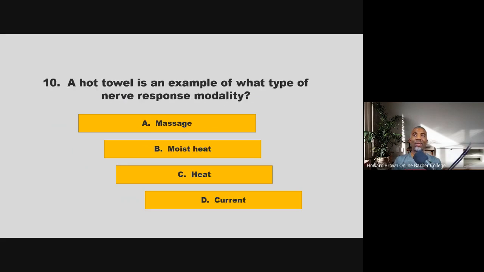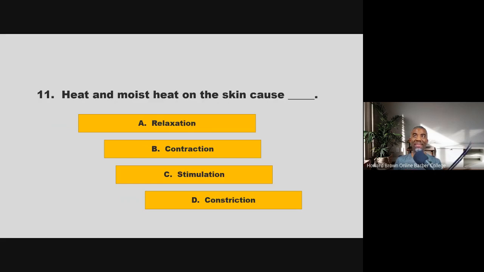A hot towel is an example of what type of nerve response modality? Is it massage, moist heat, or current? If you chose B, moist heat, you are correct.